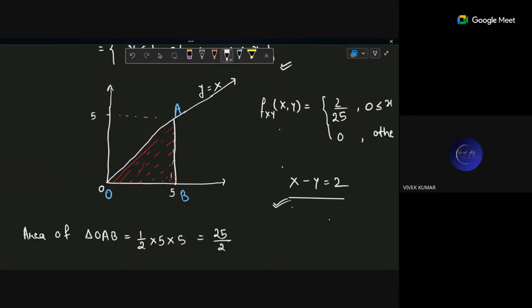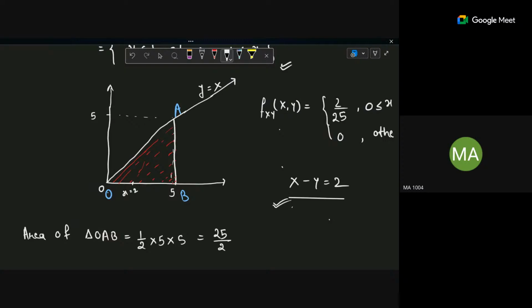How will you proceed to draw x minus y is equal to 2? Yes, ma'am. Put x and y as 0. No, ma'am, put x is equal to 0 and we get the y intercept, or put y 0 and we get the x intercept. So whenever your y is 0, somewhere here x is equal to 2.